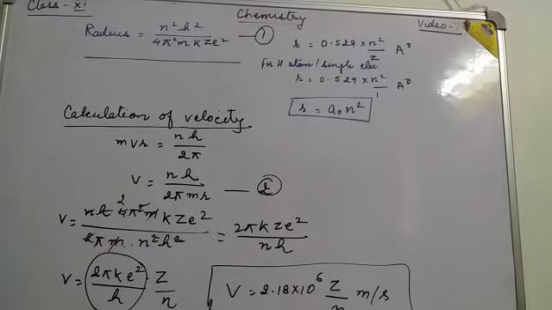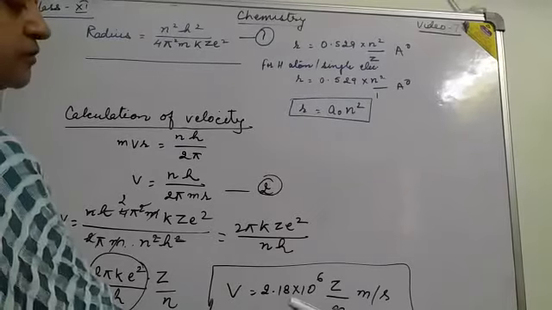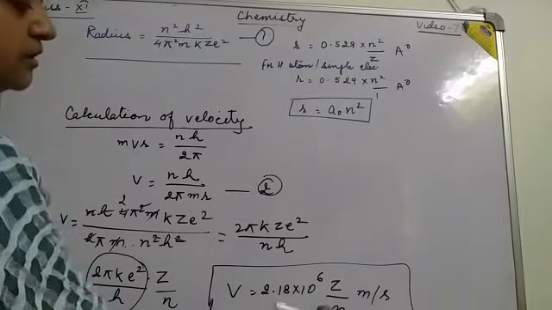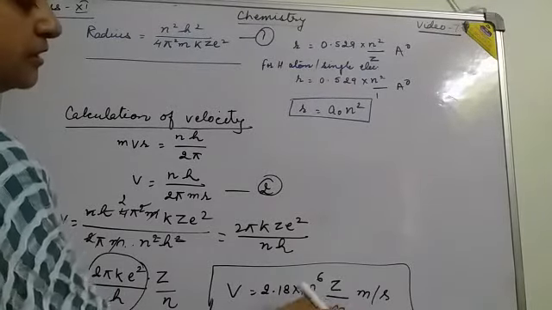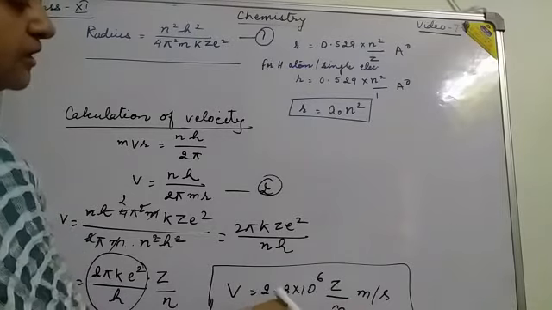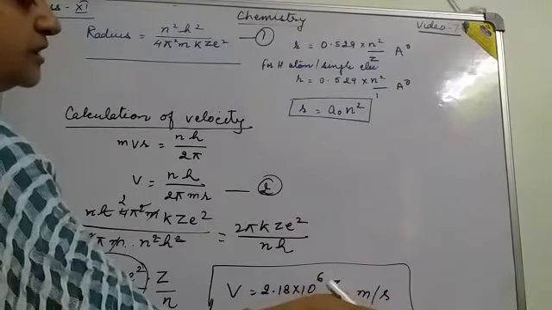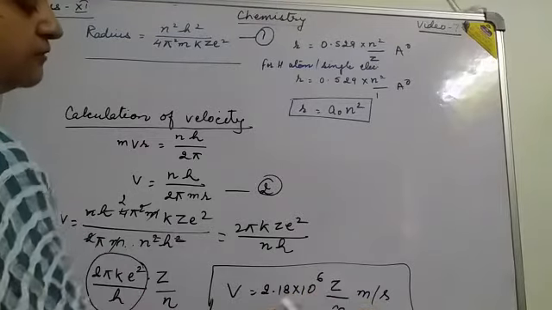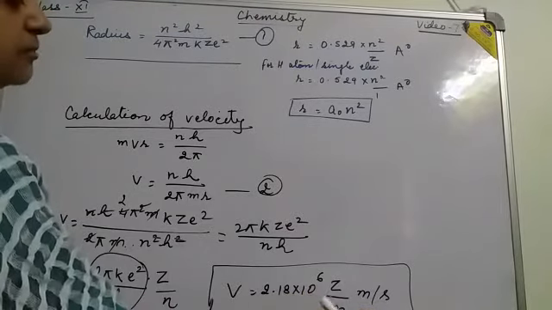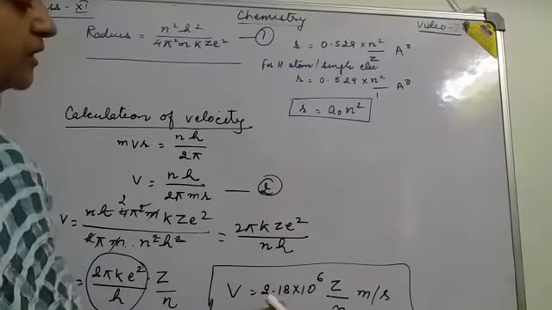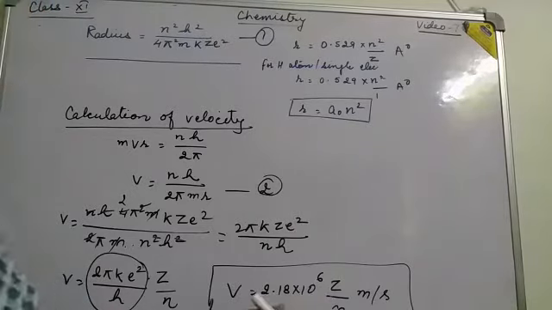of an electron in different shells. If the number of shell is 1, then the velocity is equal to 2.18 into 10 to the power of 6 z. For the hydrogen atom, z is also 1. The velocity of the hydrogen atom in the first shell is 2.18 into 10 to the power of 6 meter per second.